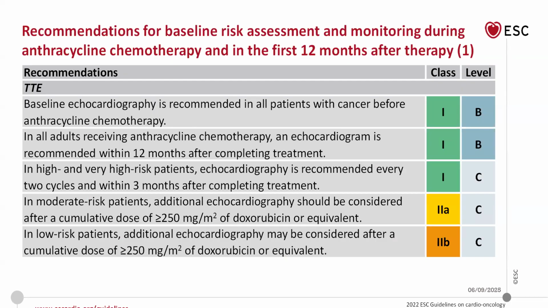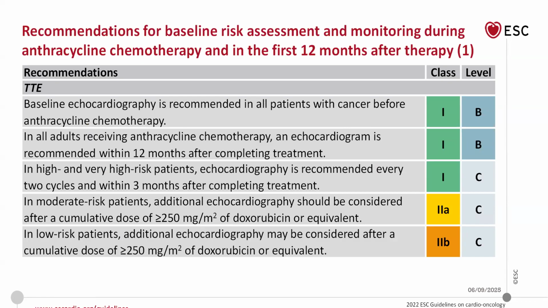So we'll now look at the various recommendations on the imaging modalities. So a baseline echocardiography is recommended in all patients with cancer before anthracycline chemotherapy, and also in all adults receiving anthracycline chemotherapy.